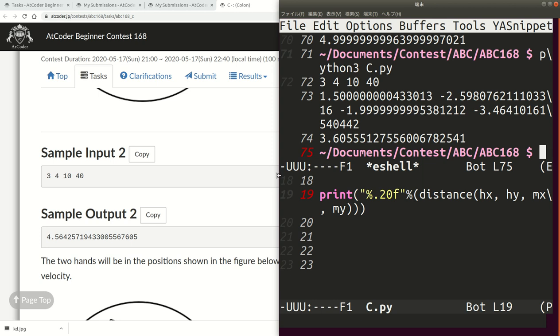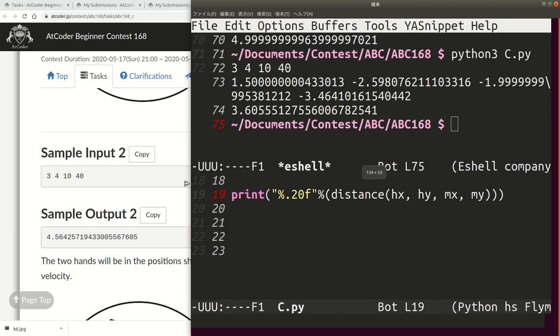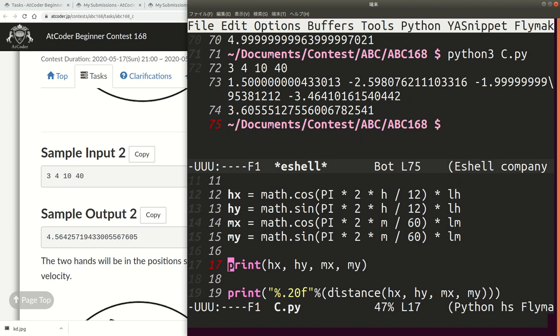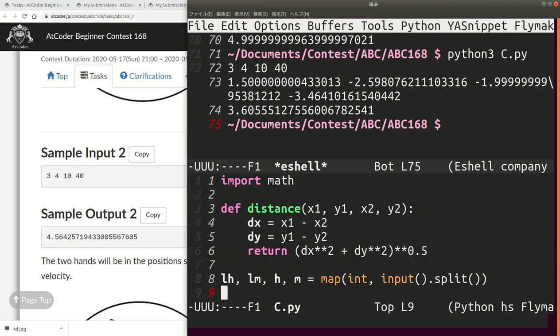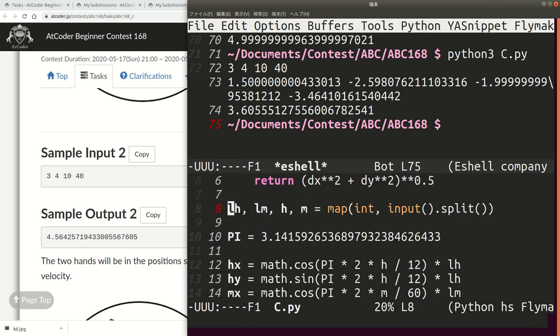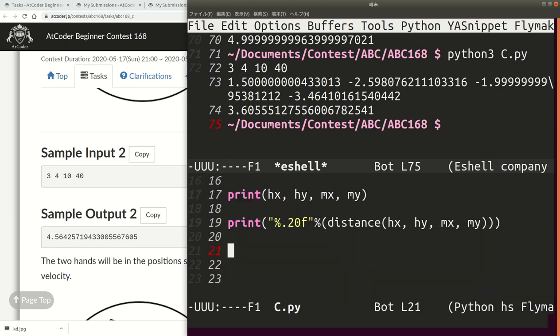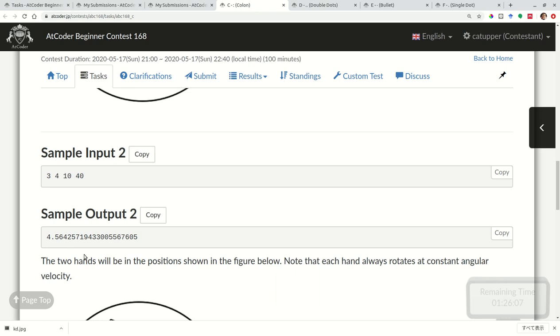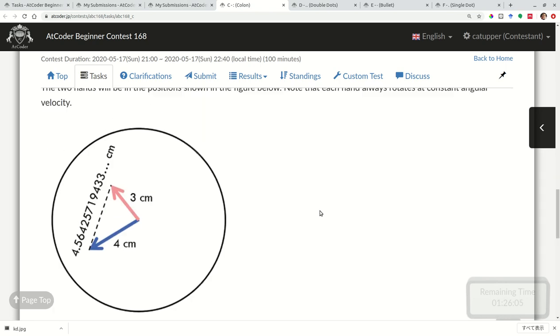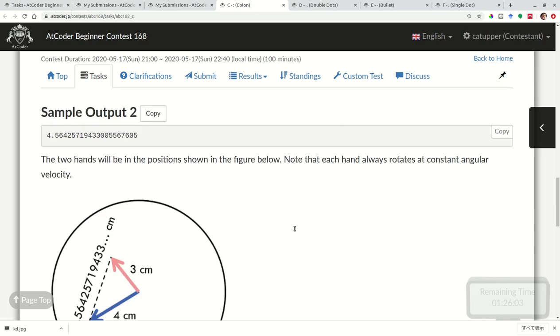Oh, not okay. Why? Think: length of hour, length of minutes, hour and minutes. There's 12 hours. There's 60 minutes. Why is it like that?